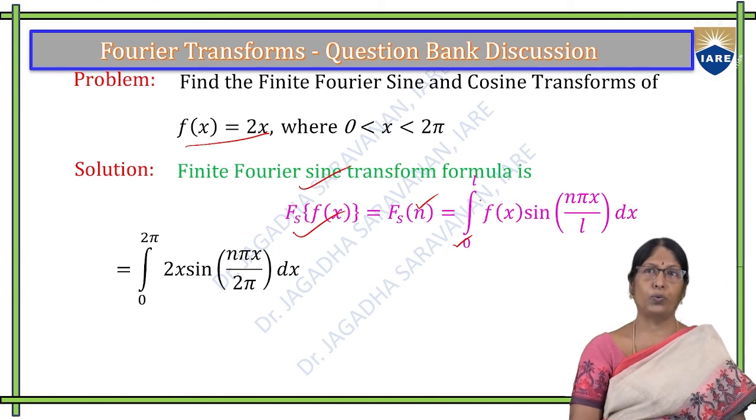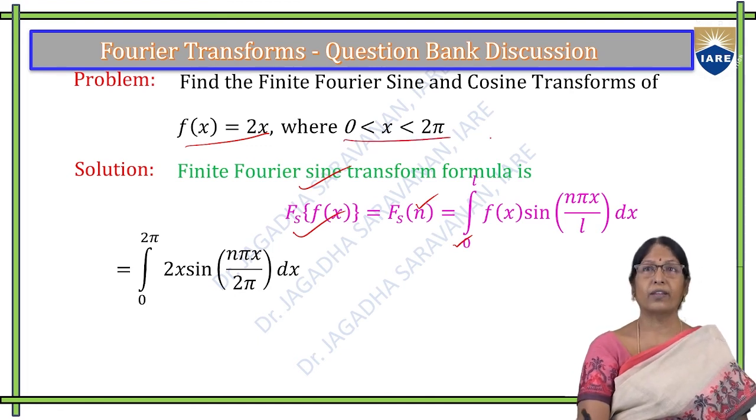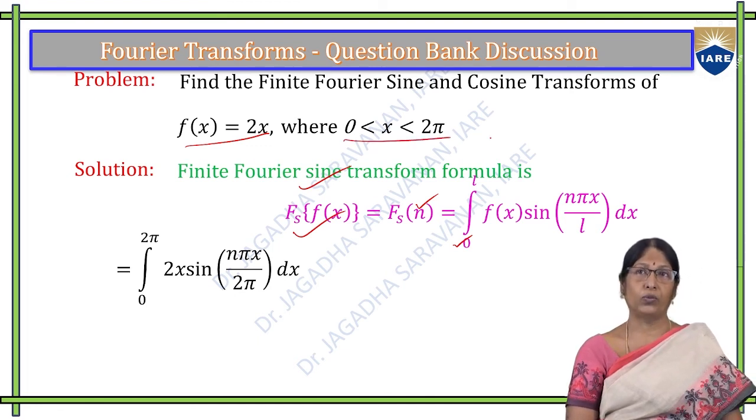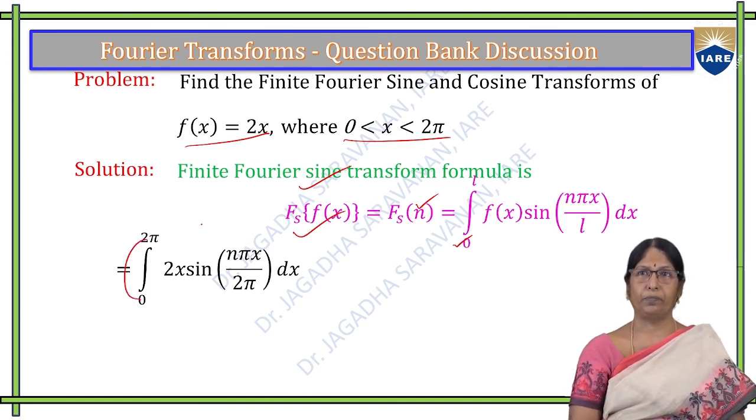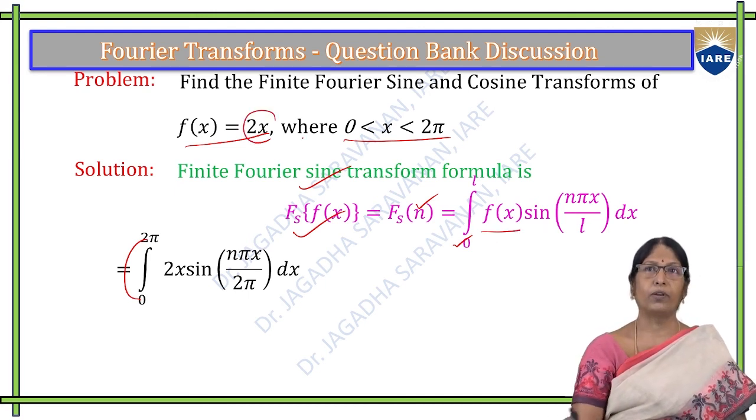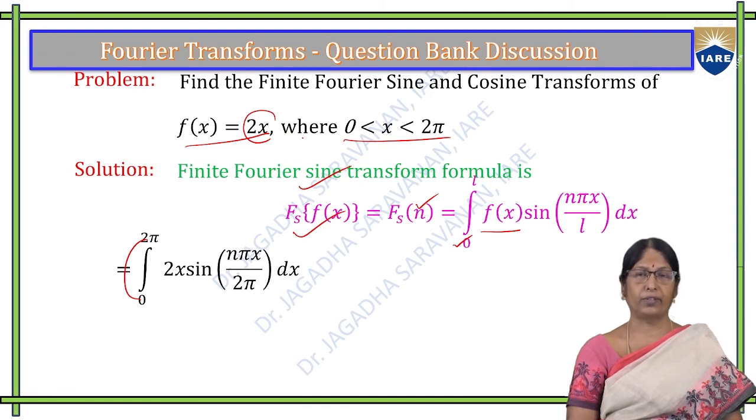Comparing, x lies between 0 and L, so x lies between 0 and 2 pi. So L is replaced by 2 pi from our problem, so the limits are 0 to 2 pi. f of x is replaced by our given problem function, that is 2x.